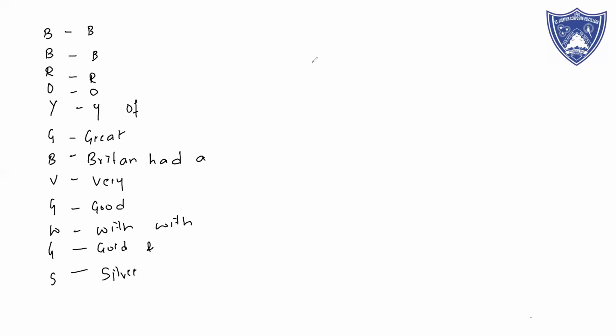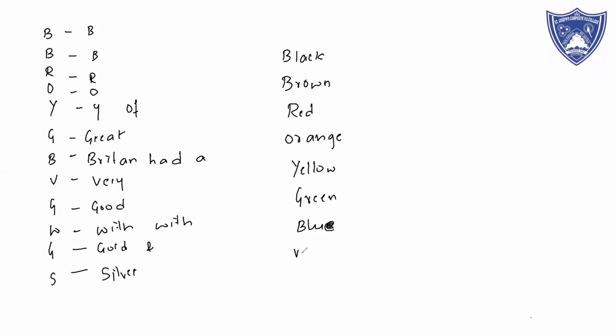So now let us understand. I'll write it and make you understand. First one is black, brown, red, orange, yellow, green, blue. Make the chart and you will understand. In the beginning, you can't do it without the chart.